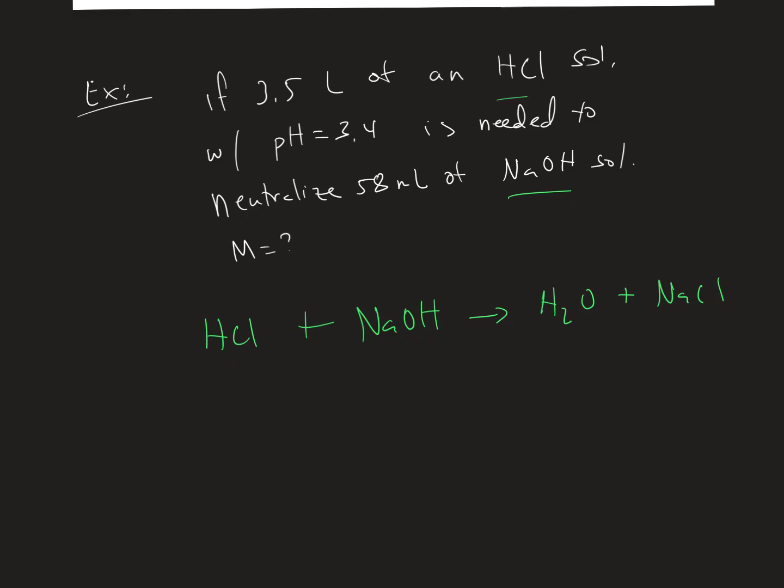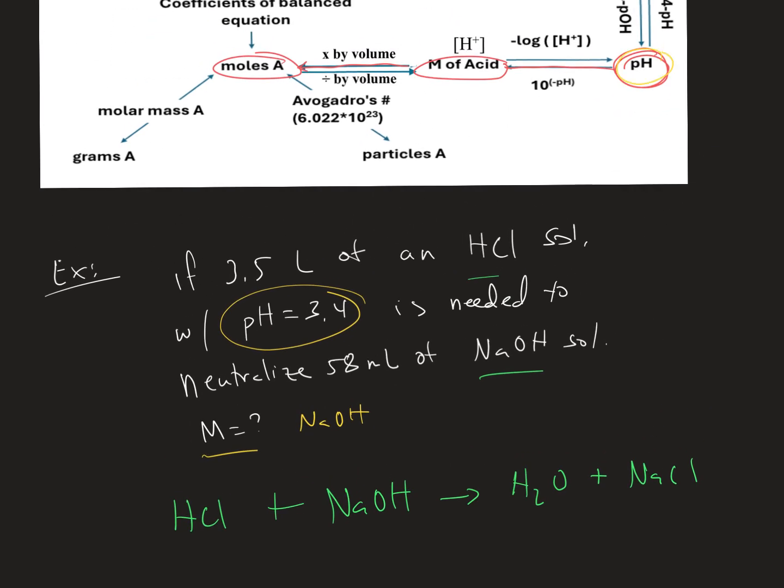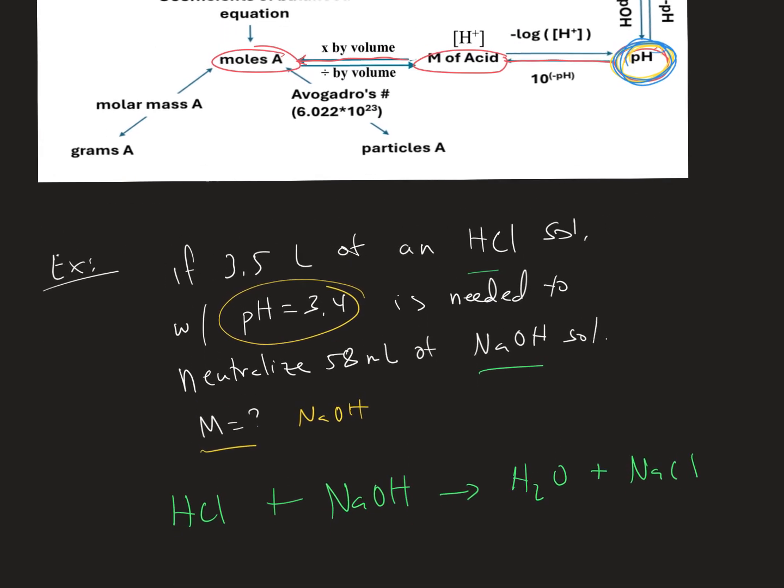So where do we start with, an acid or a base? We're looking for the concentration of my base, right? So I'm going to start with my acid. I have my pH, so I'm going to start here, and I'm going to go to my concentration of my base.